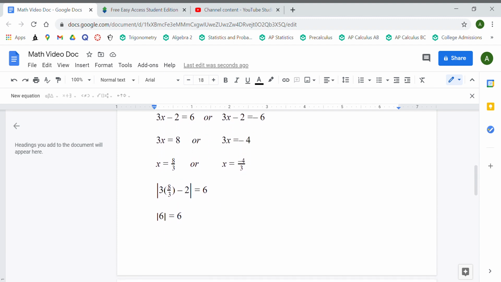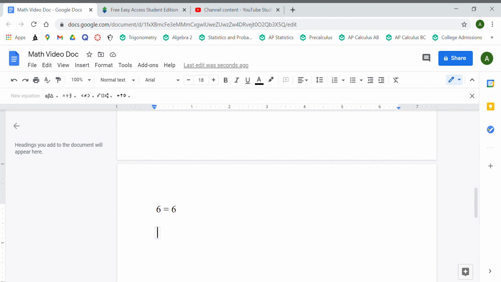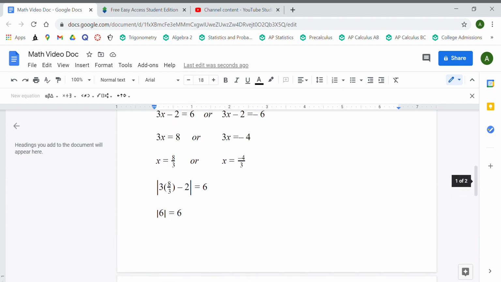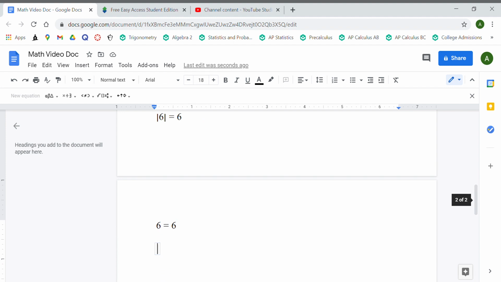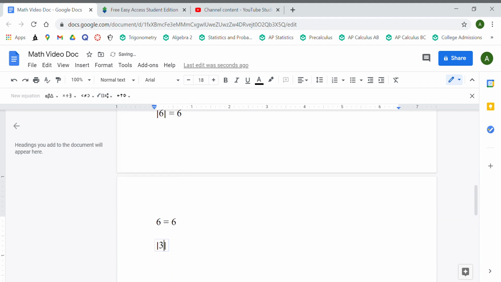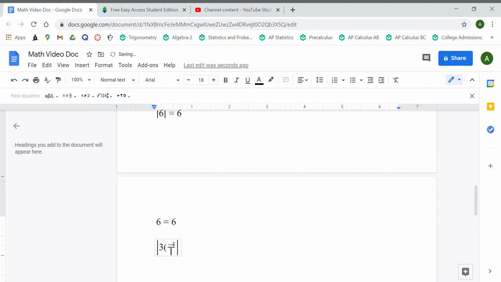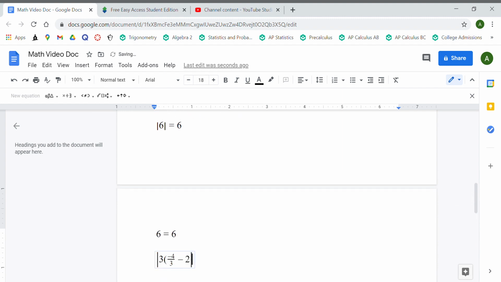Now, let's try x equals negative 4/3. Sorry for the delay, guys. So we have 3 times negative 4/3 minus 2.